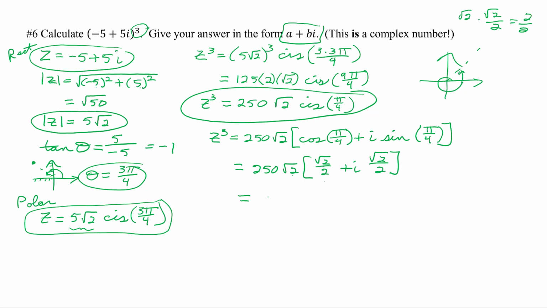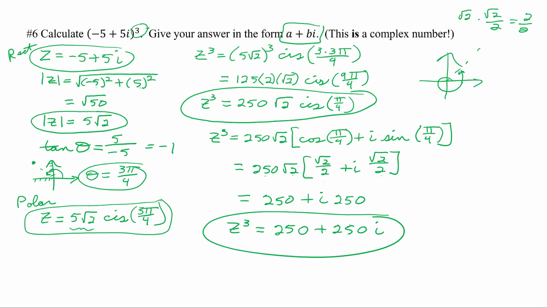We're going to be left with 250 plus i, and again we have square root 2 times square root of 2 over 2 times 250. So we're left with 250 plus i times 250. Usually we write, actually this is a correct answer, but in this class we write a plus bi when b is an integer. So we're going to write z cubed as 250 plus 250i. And we have it. All right, let's go on.